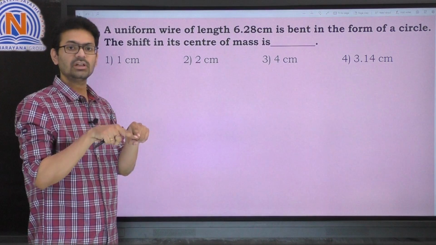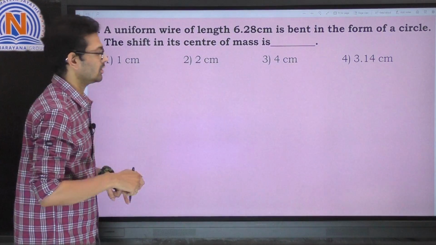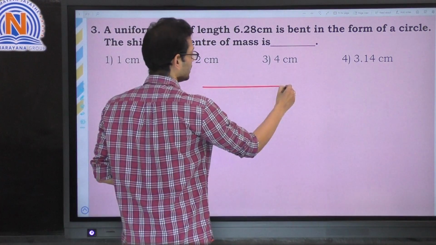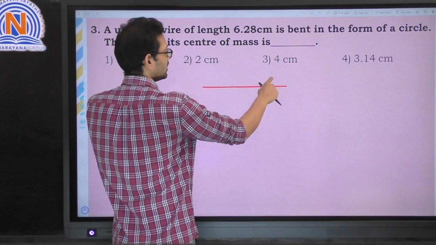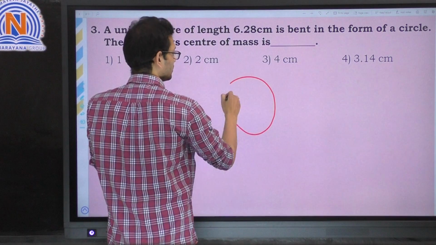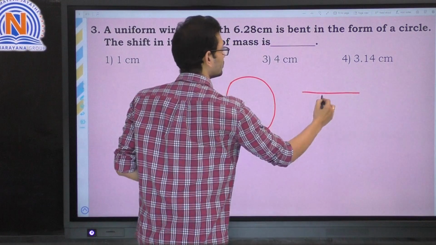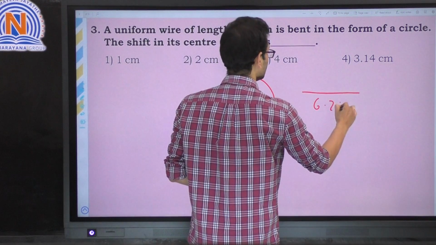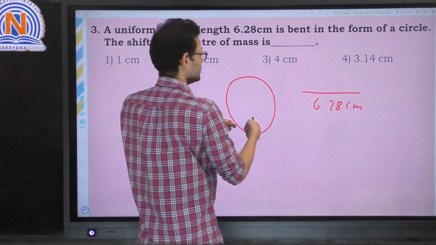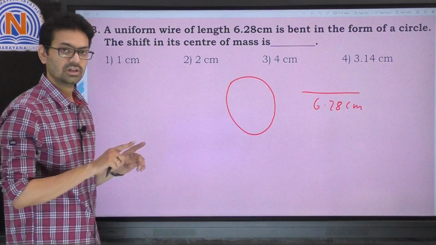The shift in its center of mass. Now actually the wire should be in this way. I just bent it like this. The length of the wire used to be 6.28 centimeters. I just twisted it into this circular shape.